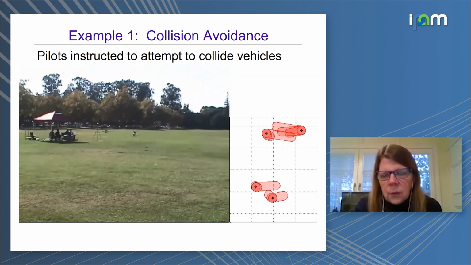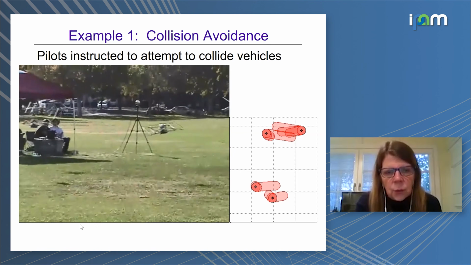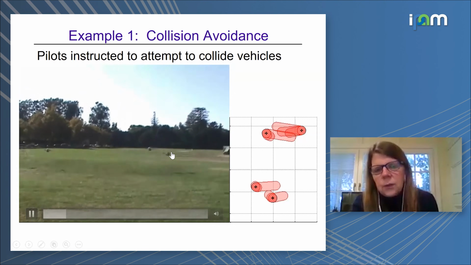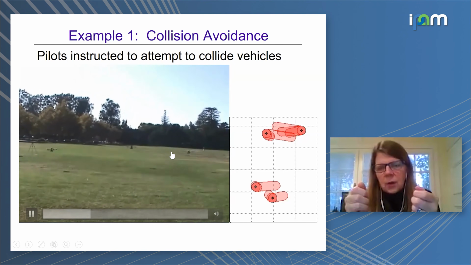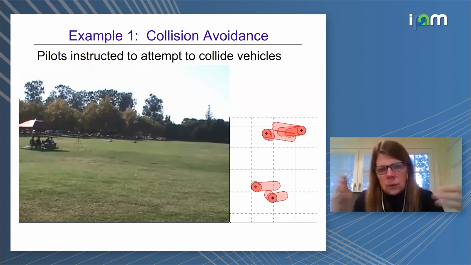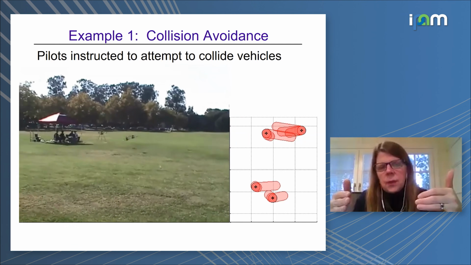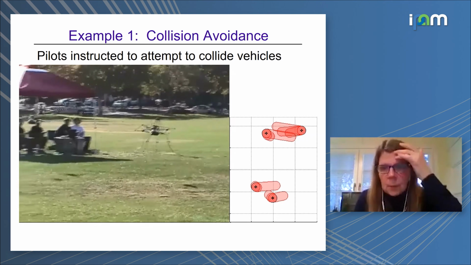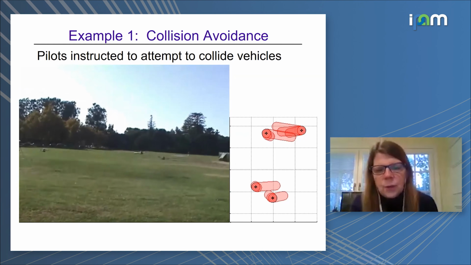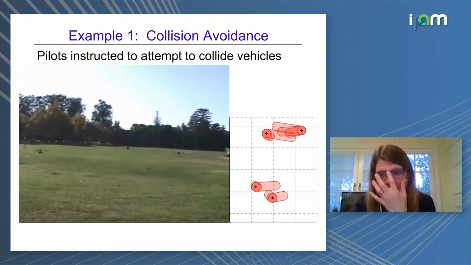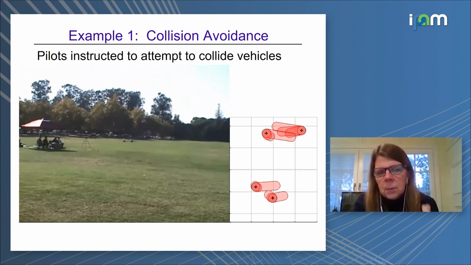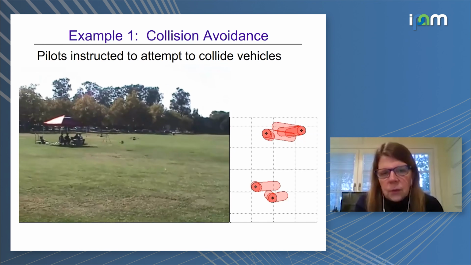The automation takes the control away from the student and executes that control law, guides the two aircraft away from each other, and then when the vehicle is not on the boundary of the set anymore, control is given back to the student. That's a little bit of a rough transfer between automation and human, but it's illustrating the point of being able to compute and use these reachable sets in real time.